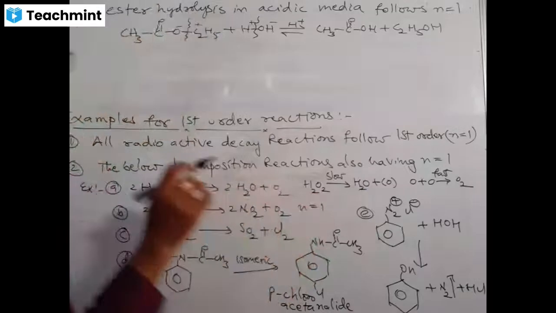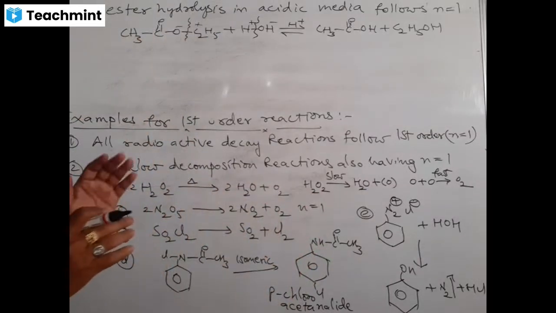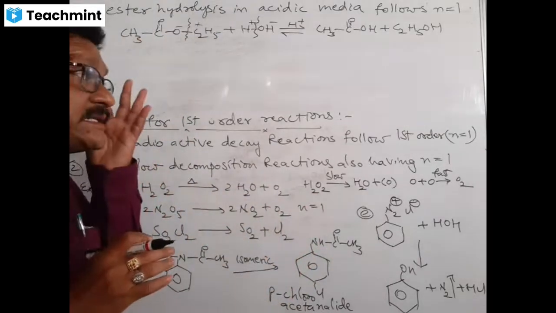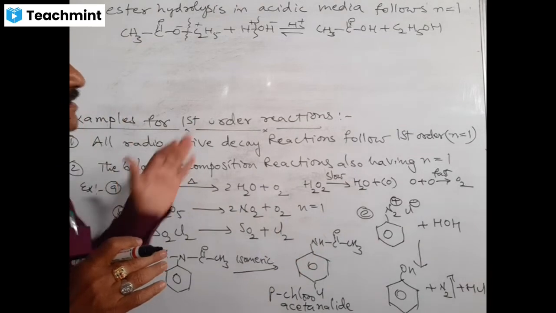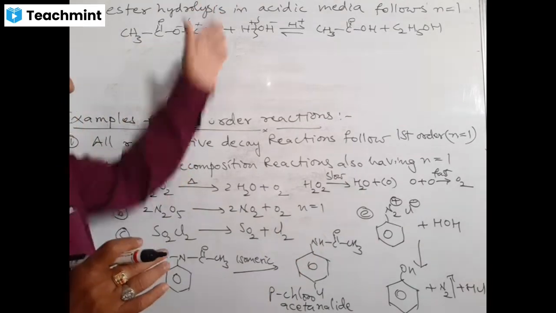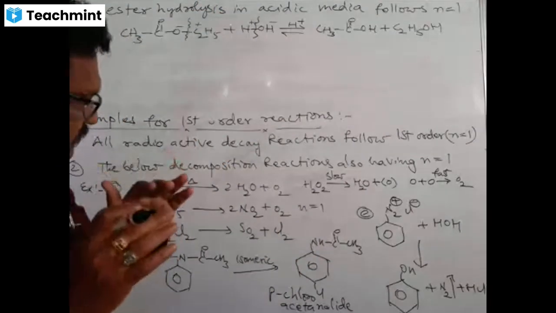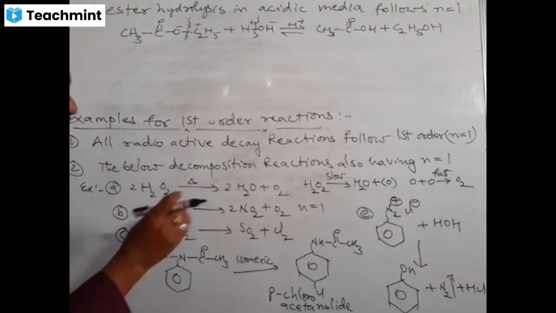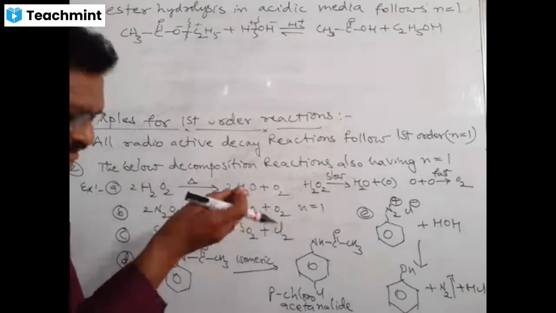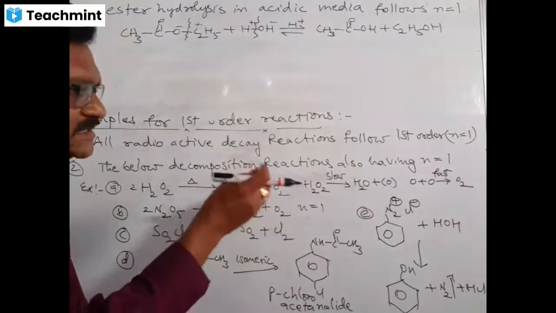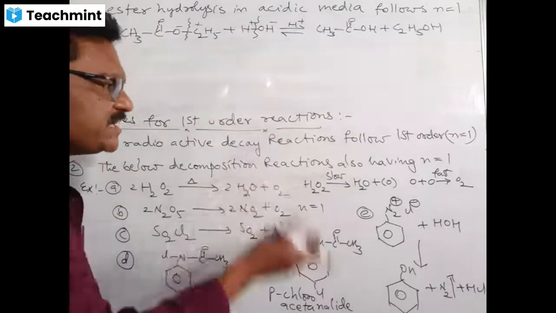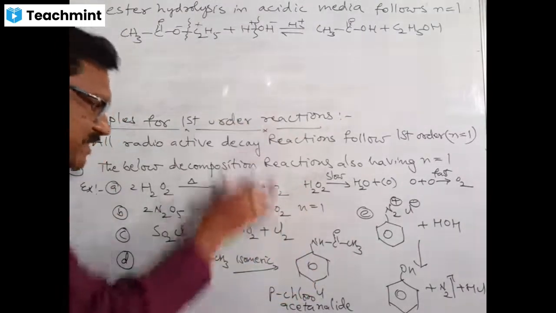You remember this. Okay, whenever you want to calculate the first order rate constant, you calculate K1 equal to 2.303 by T log of A by A minus X. Okay, that is applicable for all.